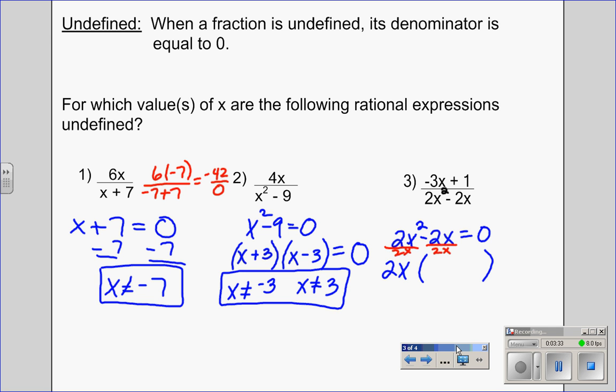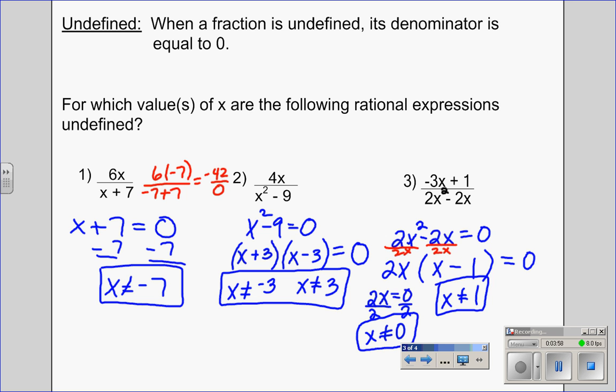X squared divided by x will give you x. So we got 2x on the outside. If we set that equal to 0 and solve, one of our solutions is 0. We also have x minus 1 is equal to 0. So we have another solution of 1. So sometimes you'll have one answer, sometimes you'll have more than one.